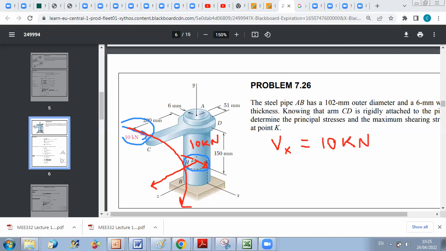I have a moment about the Z axis in the negative direction of Z. So the moment about Z is minus 10 times the distance from the force to the Z axis, which is 150 millimeters.